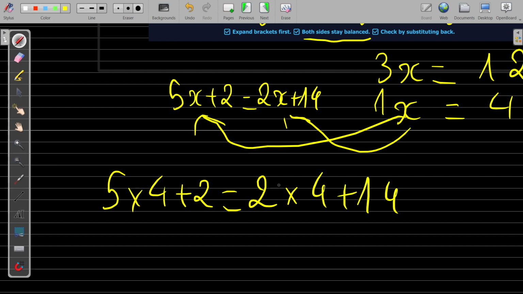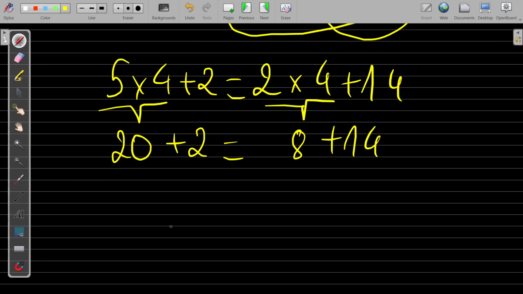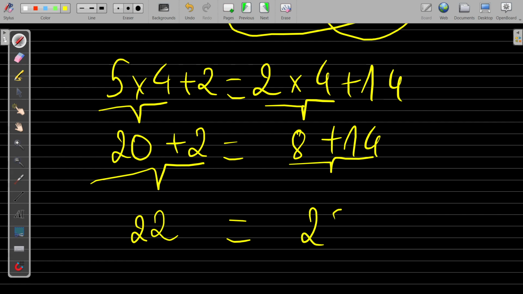Is this true or not? So on the left hand side we have multiplication first. We have 20 plus 2. On the right, multiplication first. We have 8 plus 14. And then we'll check for the answers here. We have 22 on the left, and 8 plus 14 here will be 22. So the left hand side is equal to the right hand side. Both sides stay balanced, and we just check by substituting them back.